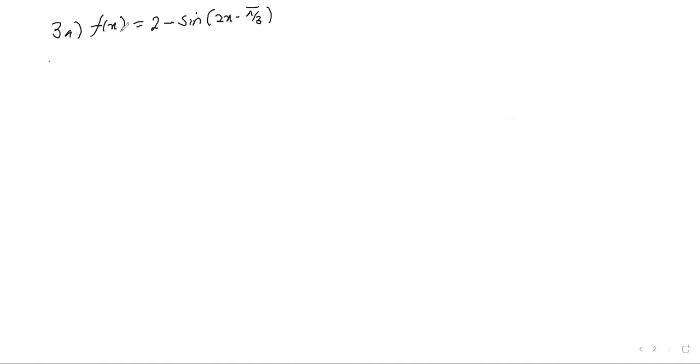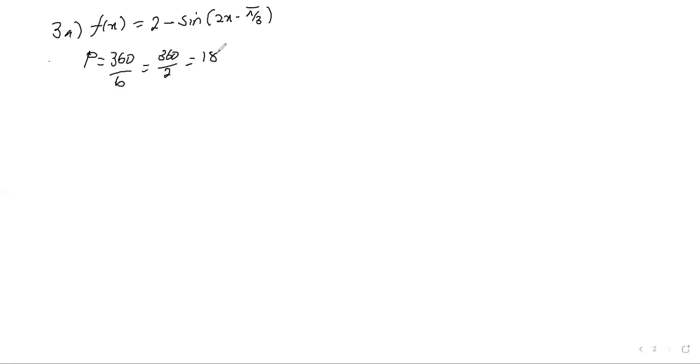It says, state the period, amplitude, and phase shift. So how do you find the period? You divide 360 by B. And our B here is 2.